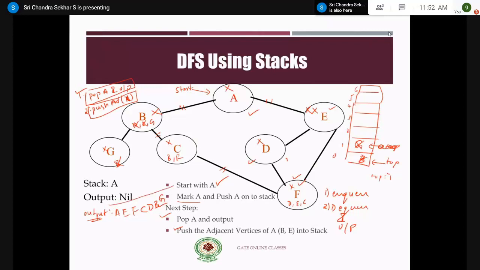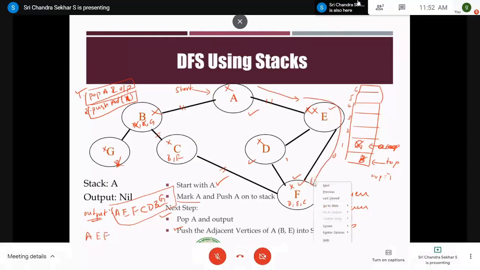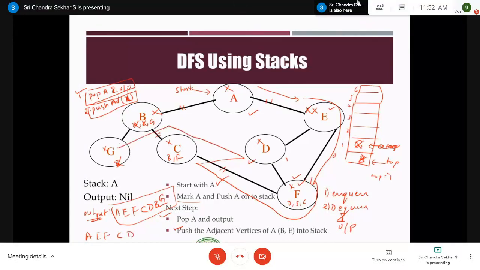So this is the output we have got by the DFS, that is A, E, that is this way we went, and then after E we have gone through F, and after F we have gone through C, and after C we have D, and then it is B, and then it is G. This is how we processed the things, right?